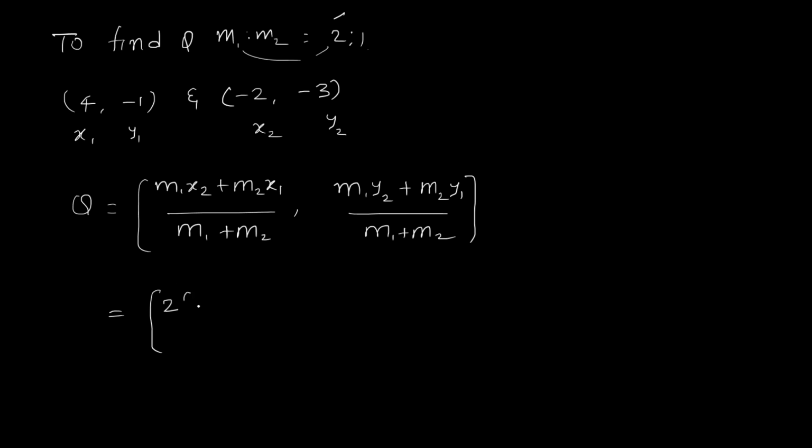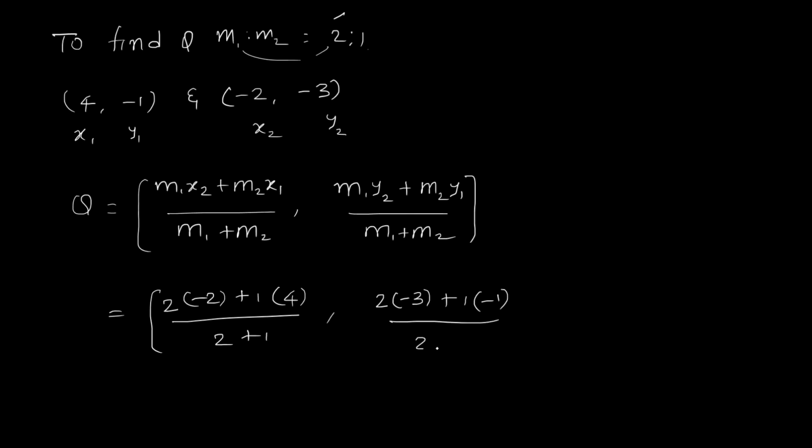So 2 into x2 means -2, plus m2 is 1 into x1 means 4, by 2 plus 1, comma, m1 again 2 into y2 which is -3, plus m2 1 into y1 which is -1, by 2 plus 1.